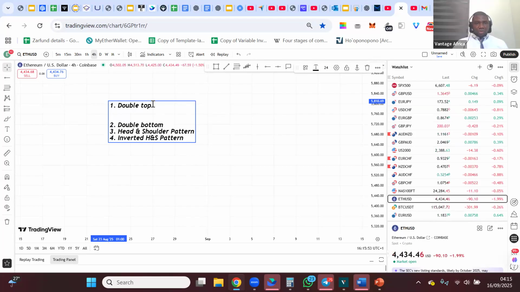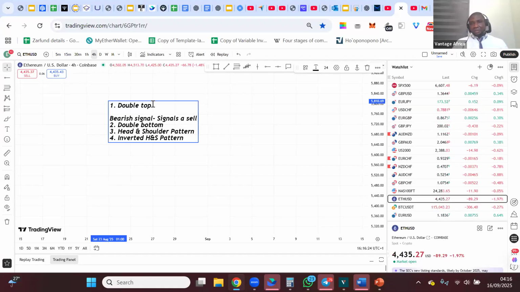Now, let's try and make a little note of all of this. The double top is a bearish signal, which means that it signals a sell.